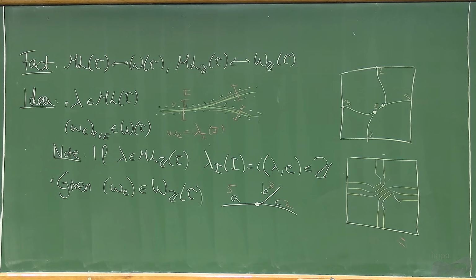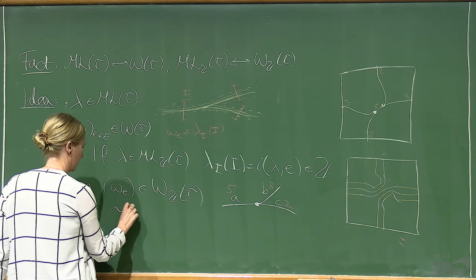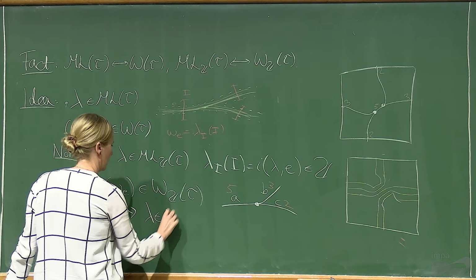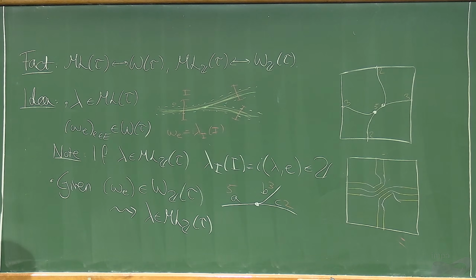So this does give you a simple multicurve, so this gives you something in MLC in general. But what if we have general weights?